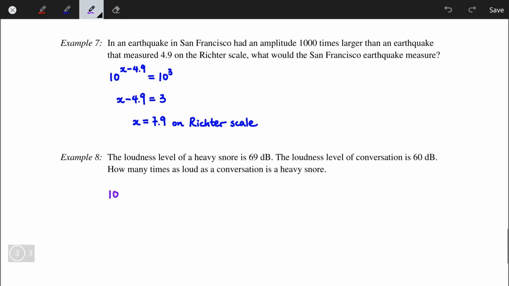So that will be 10 to the 9 over 10, since a decibel is 1/10 of a bel, so 10 to the 0.9 power then. And that will give us an approximate value of 7.9 times as loud.